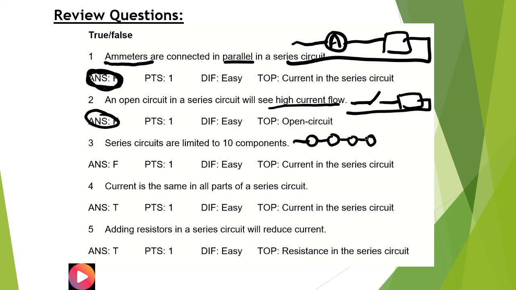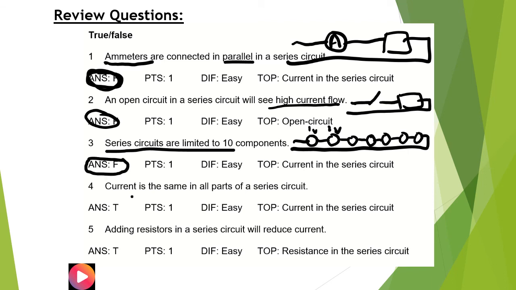I don't know how many light bulbs you have on your Christmas tree, but there's an awful lot of them, and you might connect that to 240 volts and have 240 light bulbs, in which case each light bulb would be 1 volt. Anyway, series circuits can have many more than 10 components, so that would be false.